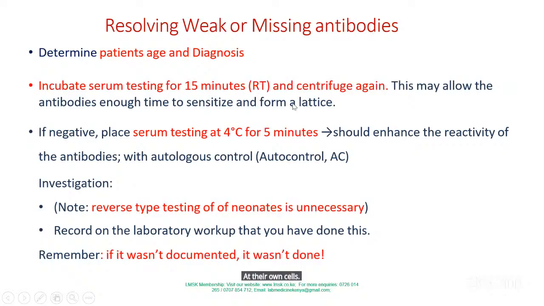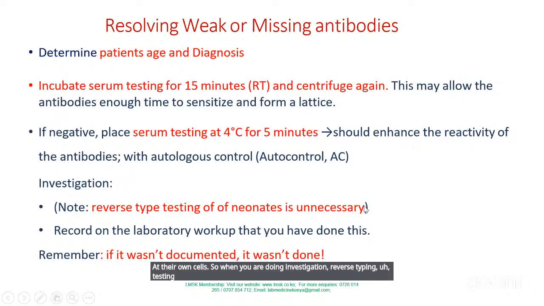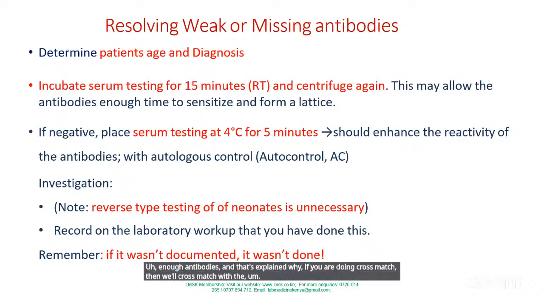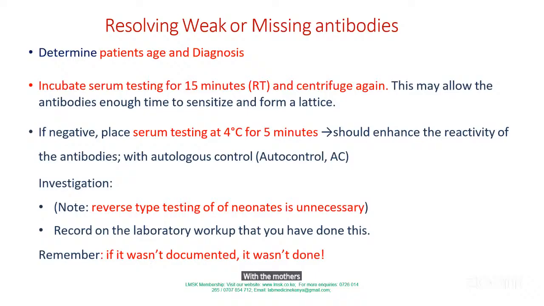When you are doing investigation, reverse typing testing of neonates is unnecessary. We have explained that you don't need to do reverse typing for neonates because they don't have enough antibodies, and that explains why, if you are doing a cross match, you cross match with the mother's serum or plasma.